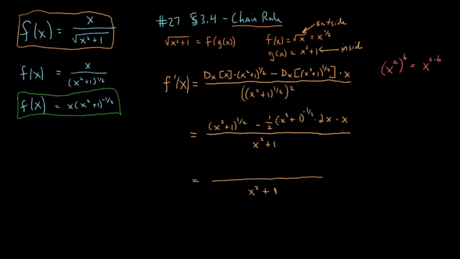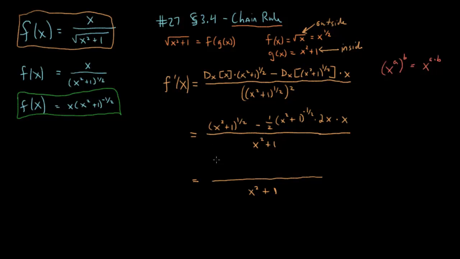Well, I guess you kind of have two options. You could either factor out x squared plus 1 to the 1/2 power, or you could factor out x squared plus 1 to the negative 1/2 power. Either way will eventually get you the right answer. I'll just kind of tell you right now, factoring out the negative 1/2 power probably goes a little faster because you can get rid of the negative exponents faster.